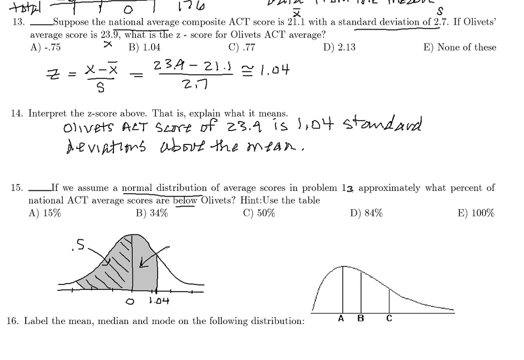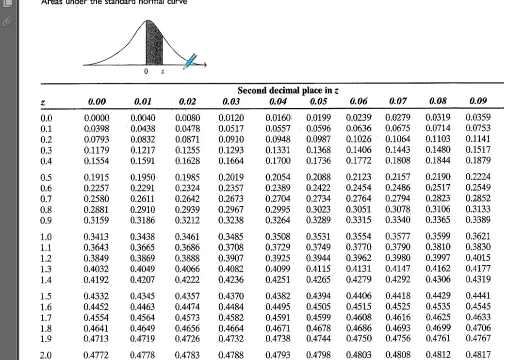So if we go to the z-score table, the area underneath the normal curve, which tells us the percent of the data, we want to find 1.04. So we want to go down to the 1.0 row and across to the 0.04 column, because this number, 1.0, and the 0.04 have to add up to make the 1.04.